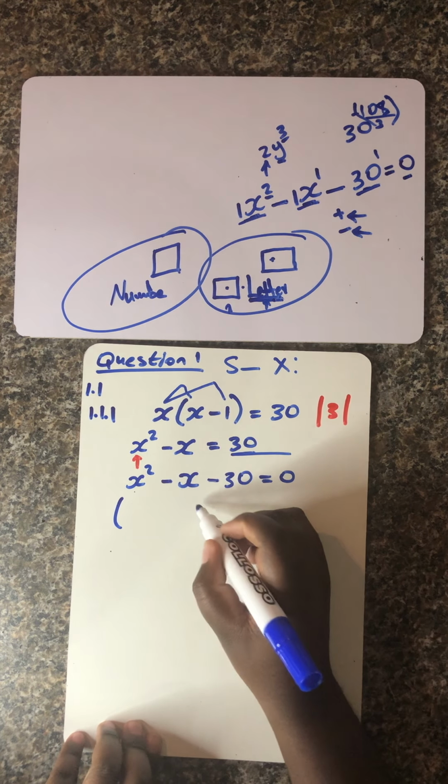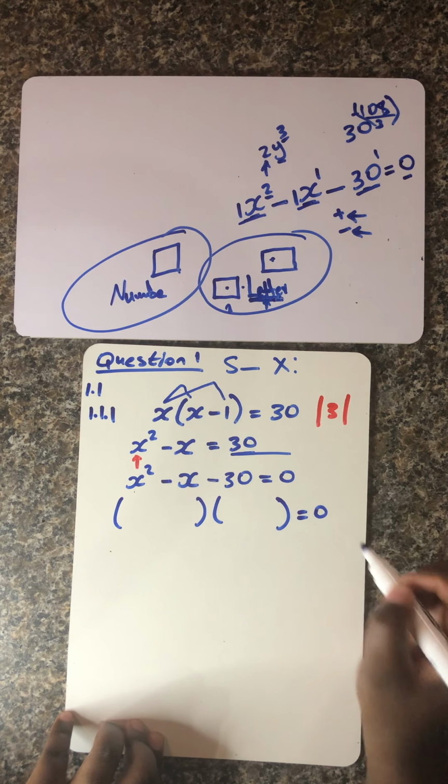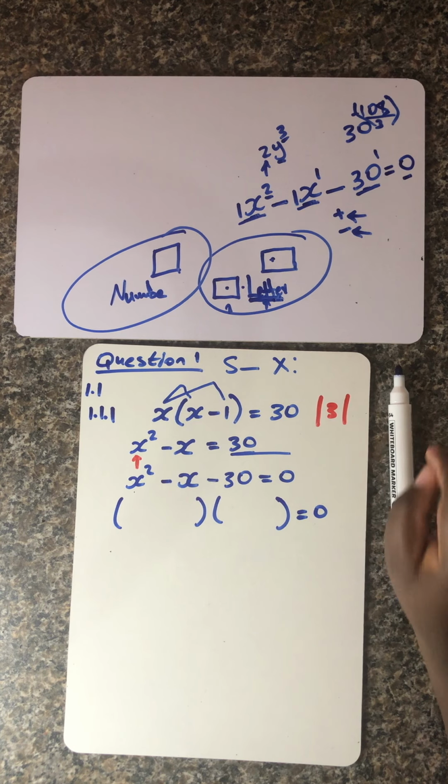So you are at that stage where you now need to find the factors. Okay, so ladies and gentlemen, I think I'll be saying this for the second time, that in my life, ladies and gentlemen, I've never had any issues related to finding the correct factors. Why?